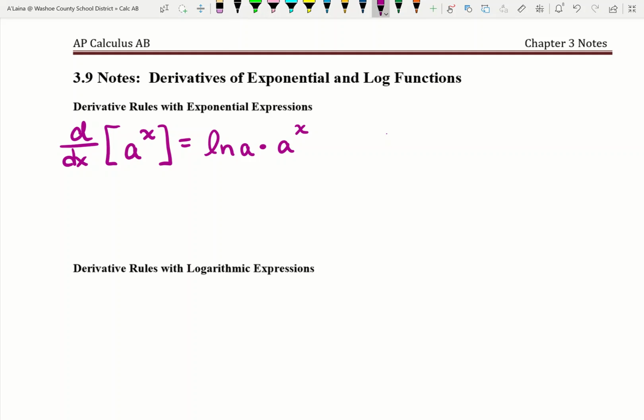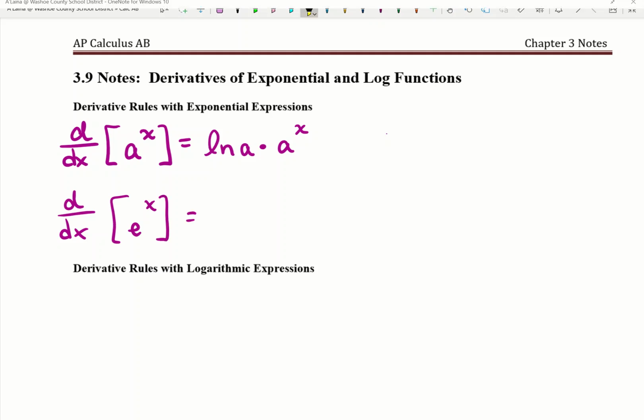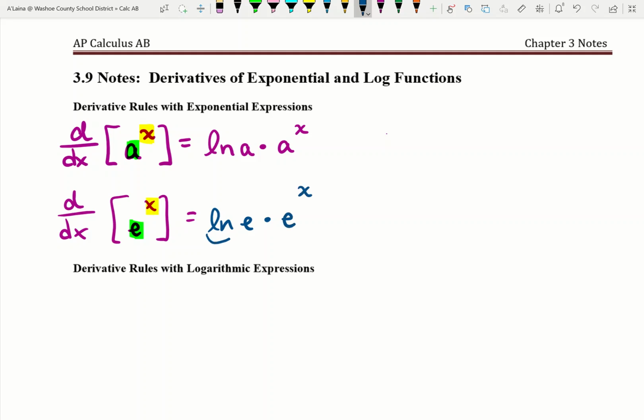And we'll practice that. Now, there is also a modification we can look at specifically when the base of the exponential function is e. Keep in mind, exponential functions have your variable as the power, and a constant for the base. If that constant base is e, then the rule is still the natural log of the base times the original exponential function, but the natural log of e is just 1.